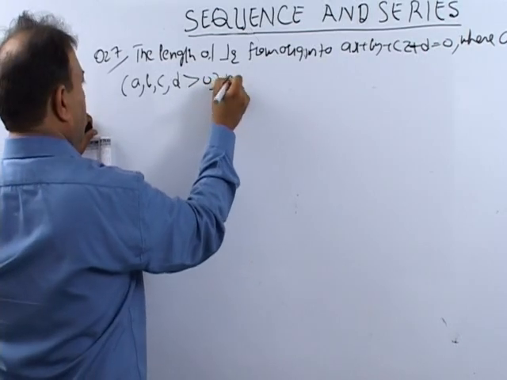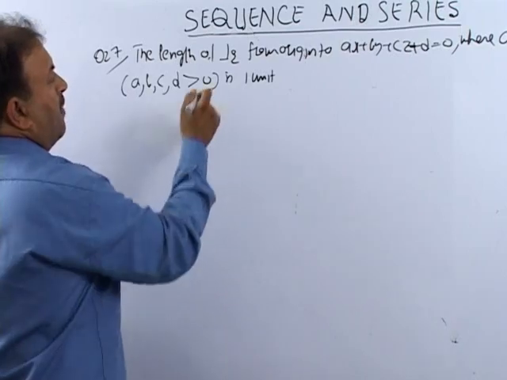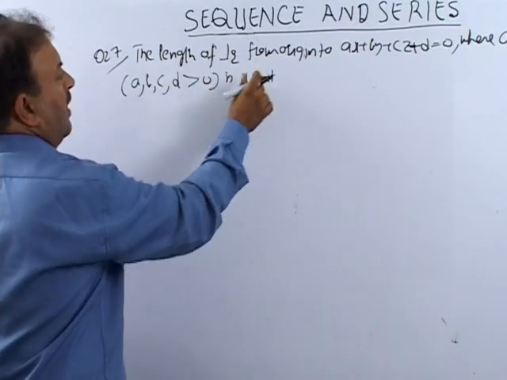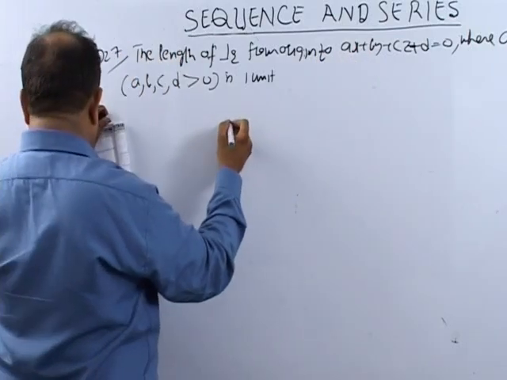No number is negative. Matlab the length of perpendicular from origin to this plane is 1 unit.